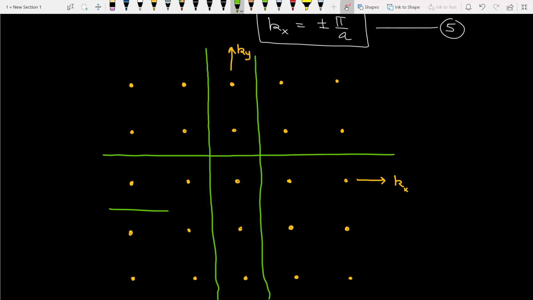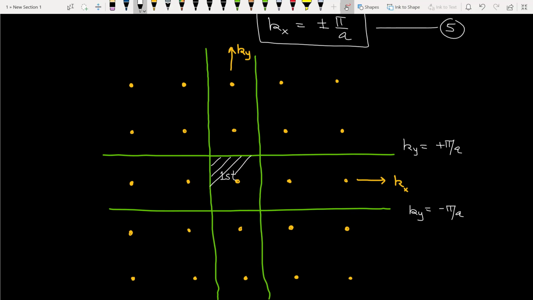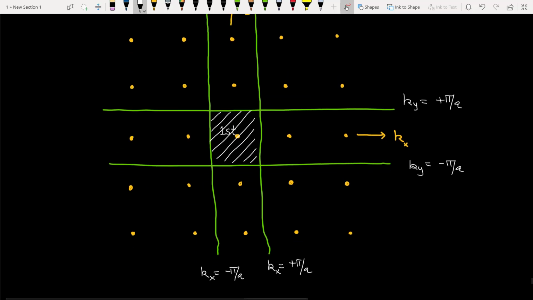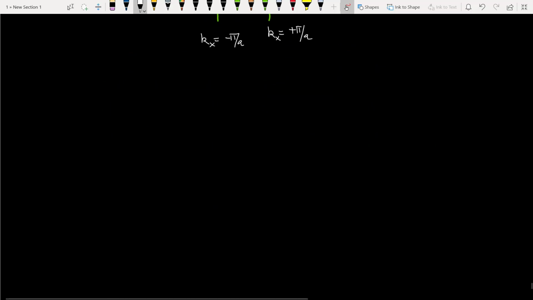These two lines will correspond to ky is equal to plus pi by a, ky is equal to minus pi by a. So this will be our first Brillouin zone. This will be the first Brillouin zone, the space enclosed between these lines. So the region between these four lines is called first Brillouin zone.